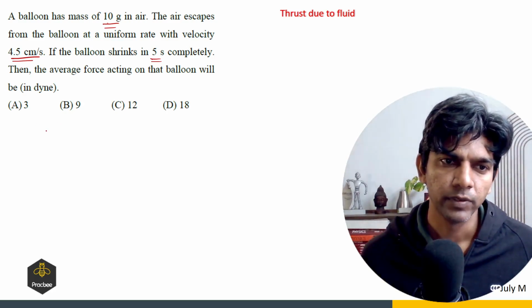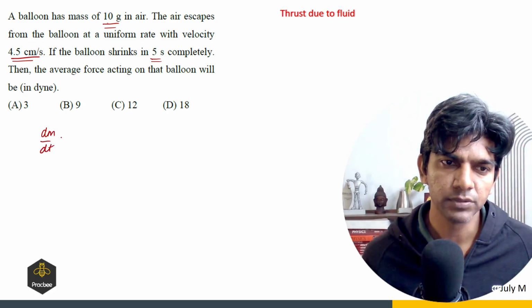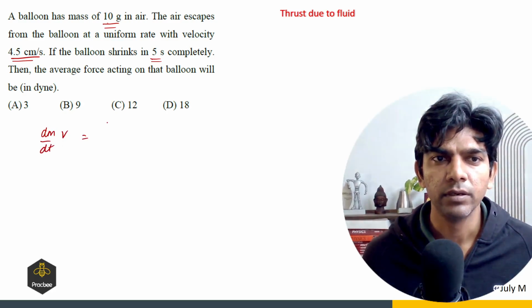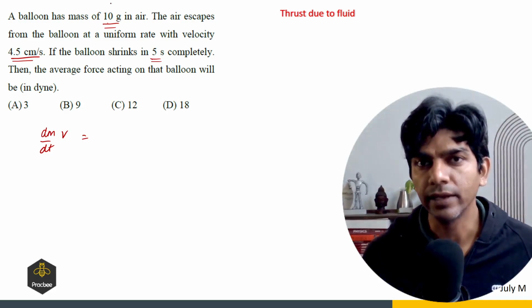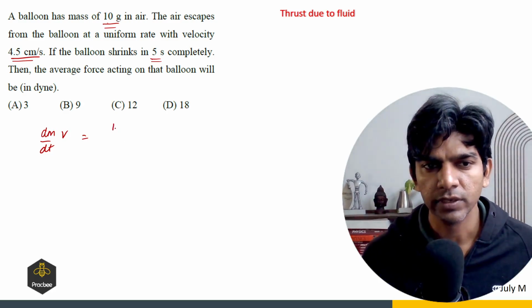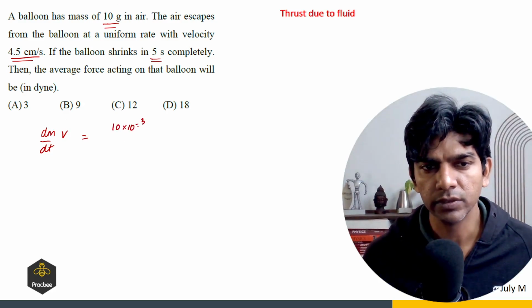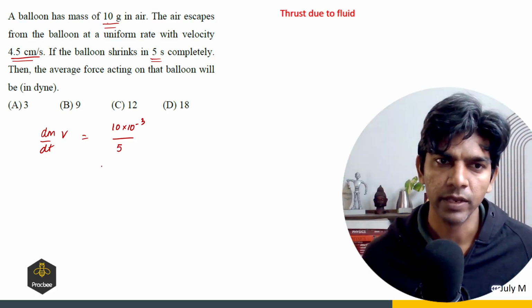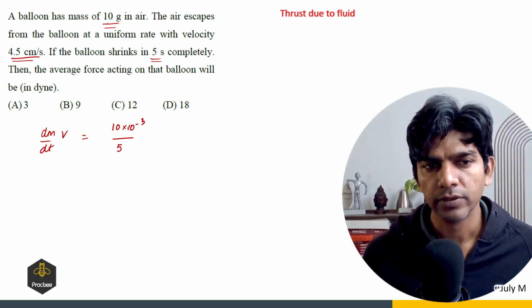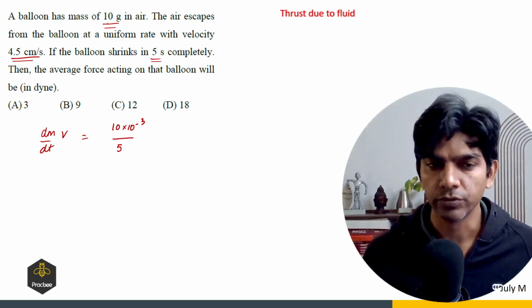So it will be dm by dt times v, where dm by dt is nothing but, the total air in the balloon is 10 grams, so we can say it will be 10 into 10 raised to minus 3, and the entire air comes out in 5 seconds, and we have to find the average force, right? So that's why I've taken the total mass and how much time it takes to come out.